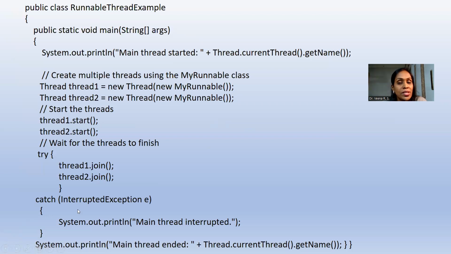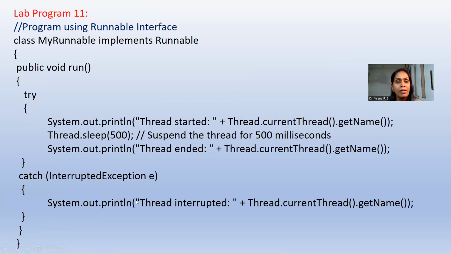You cannot instantiate an interface like Runnable, because it is an interface. So what you will do, you will have an object of the class Thread, and that Thread constructor will take the object of the class myRunnable. So if there is a class myRunnable which is implemented from Runnable, you can create an object of the myRunnable class and that can be passed to the Thread class.